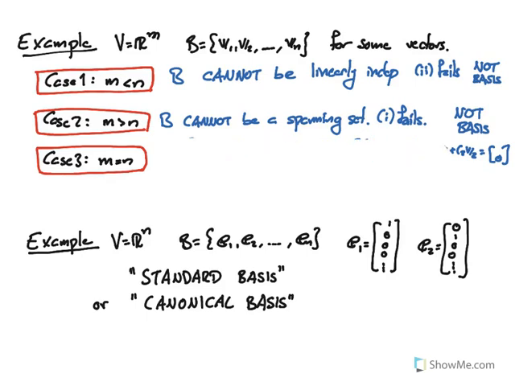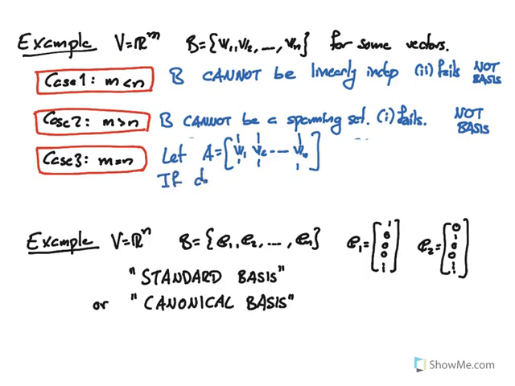So in this case, what we need is for the coefficient matrix to be invertible. Let A be the matrix that has columns V1, V2, up to Vn. Now the determinant of A not being 0 is equivalent to B being a basis.